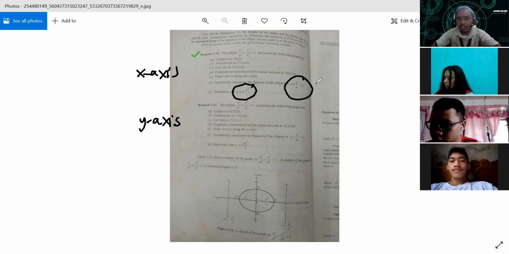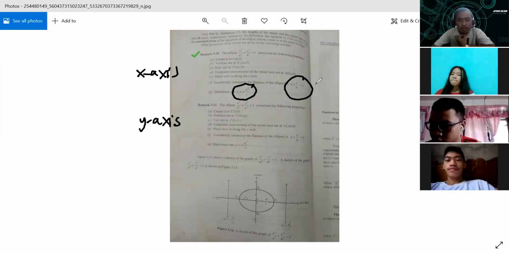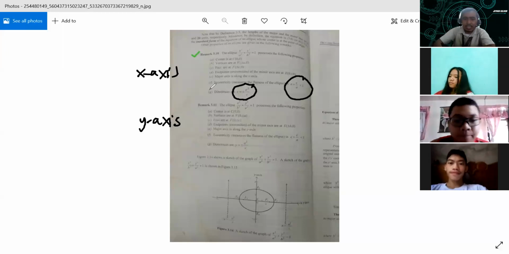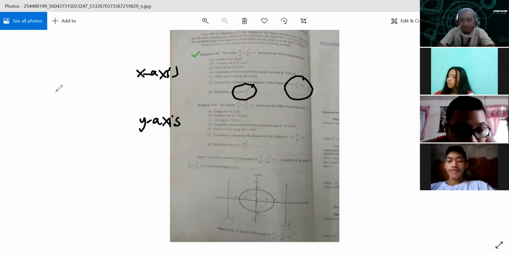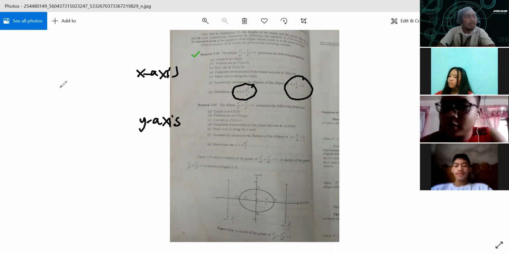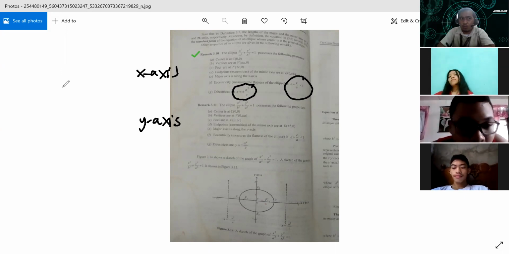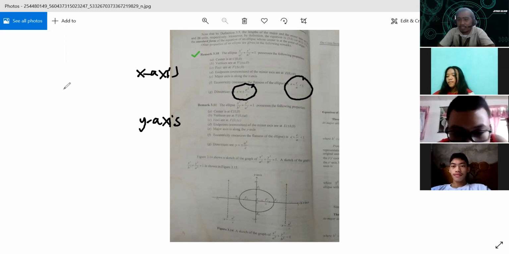That eccentricity should be less than 1. Did I mention eccentricity in the parabola? No, sir. The eccentricity of your parabola must be exactly equal to 1.